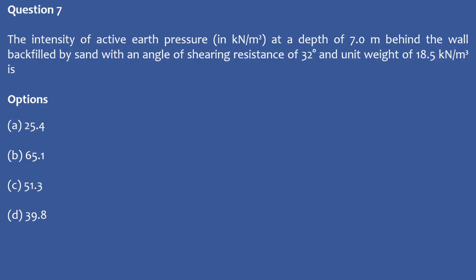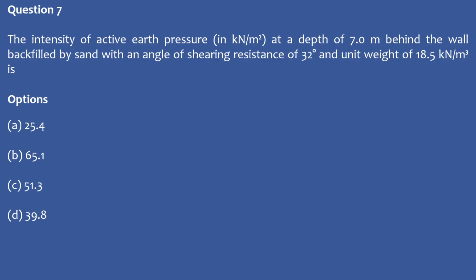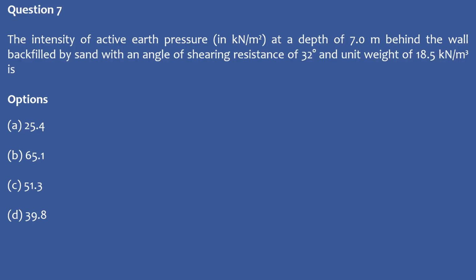Question number 7: the intensity of the active earth pressure at a depth of 7 meter behind the wall backfilled by sand with an angle of shearing resistance of 32 degree and a unit weight of 18.5 kN per meter cube. You need to evaluate the intensity of the active earth pressure at a depth of 7 meter behind the wall backfilled by the sand.